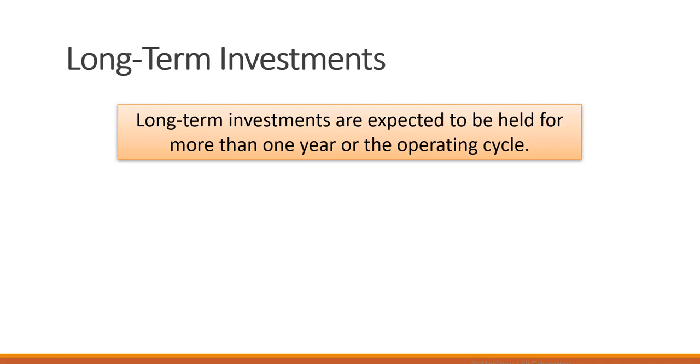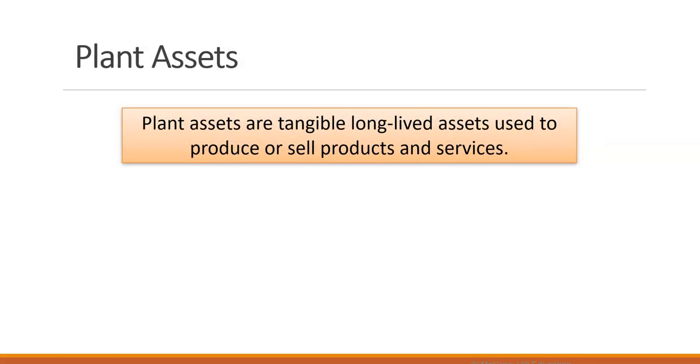These can be items like notes receivable. And then our plant assets. Plant assets are our property, plant, and equipment that we use to conduct our business. The items that go in plant assets are equipment, building, and land.